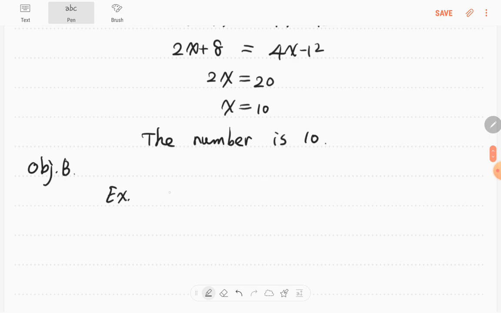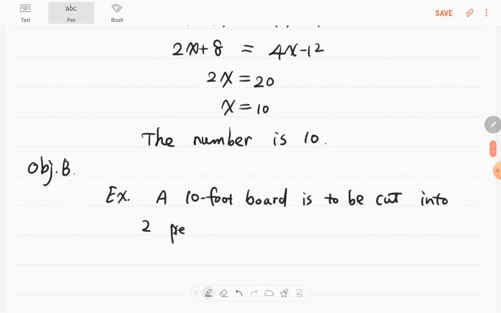So this time we have this one, a 10-foot board. And this board is to be cut into two pieces. And what kind of two pieces?